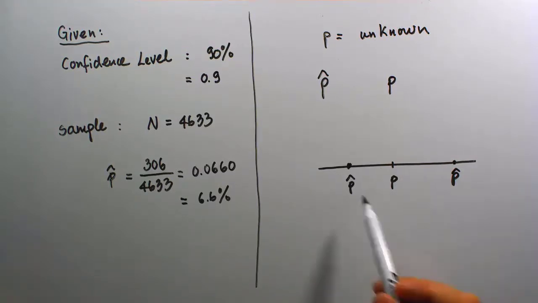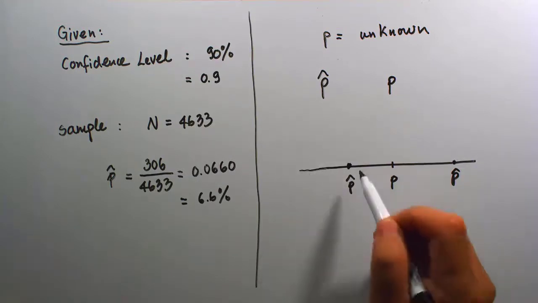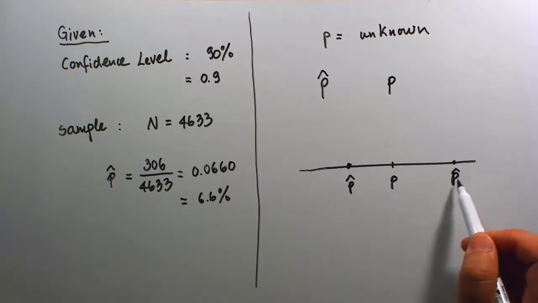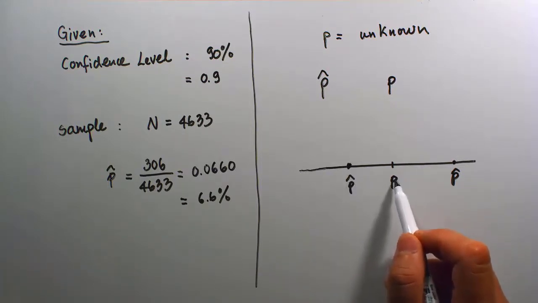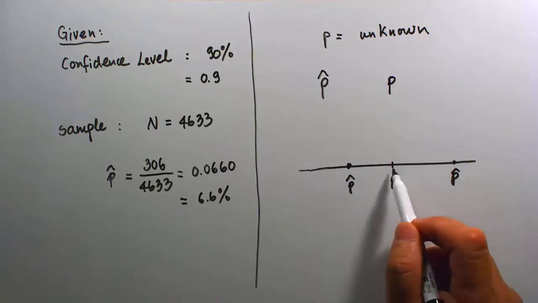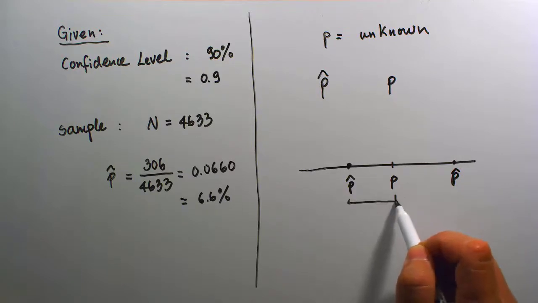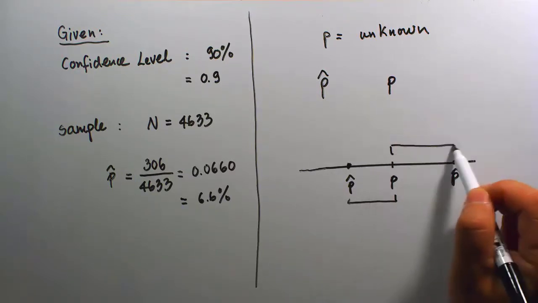But no matter how I drew my picture here, whether p hat stood on the left of p, or p hat stood on the right-hand side of p, in the end, they make some difference. There's a difference between p hat and p.